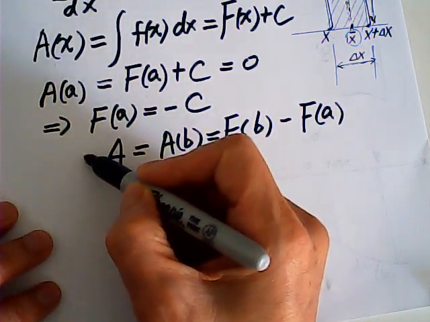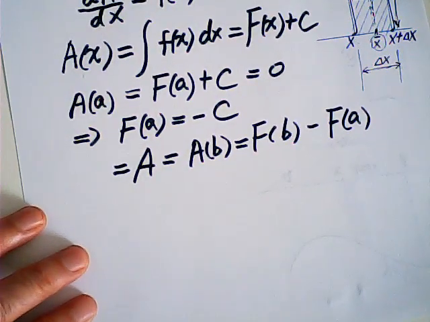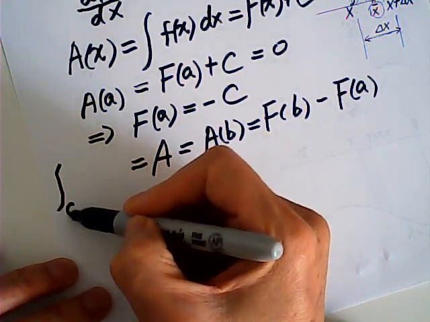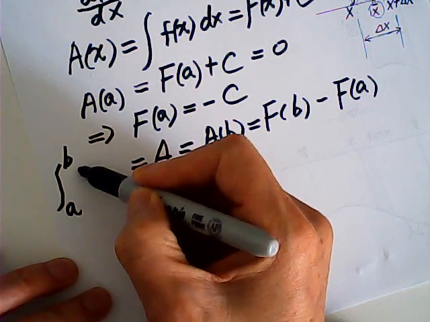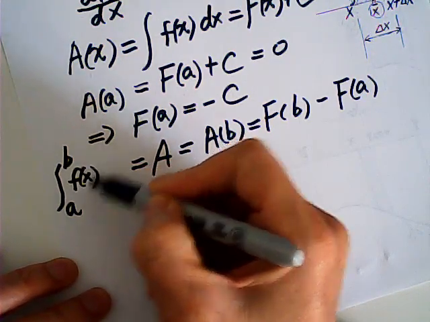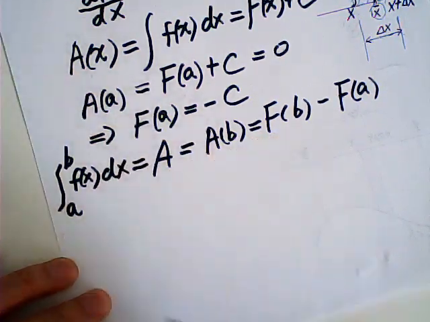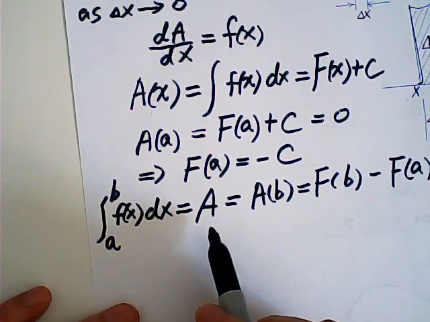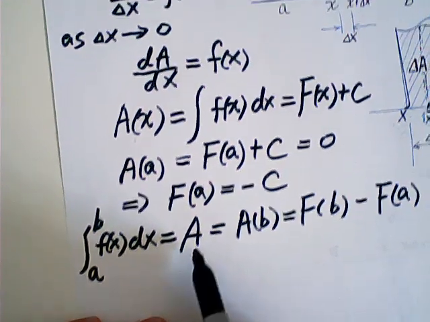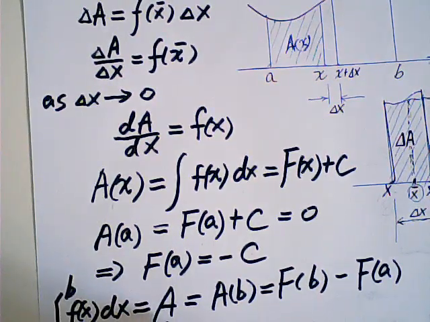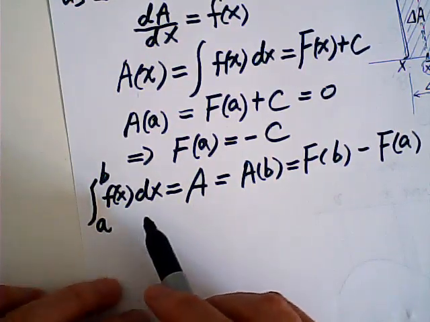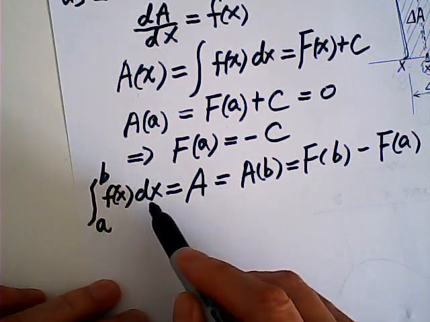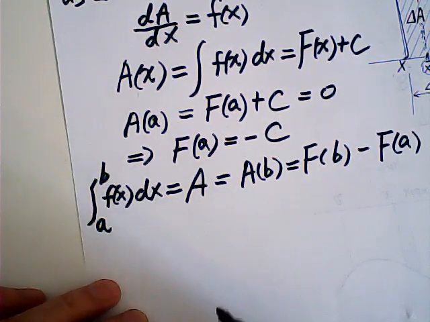Okay, that one we give a new notation. That's the definite integral from a to b of f of x dx. We just gave this, the area under f from a to b, a new notation: the definite integral of f of x dx from a to b.